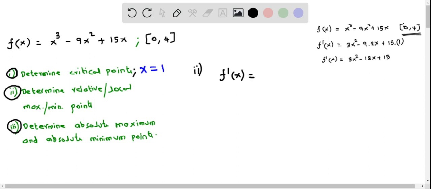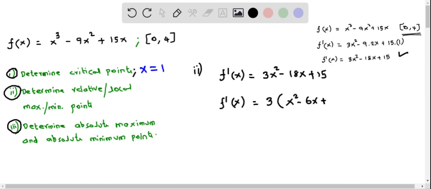That is, the f prime of x we have is 3x squared minus 18x plus 15. And I'm going to rewrite this by factoring out 3, which gives x squared minus 6x plus 5. And this, in fact, can be factored into product terms.